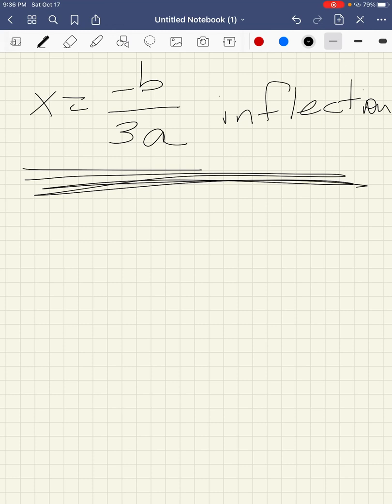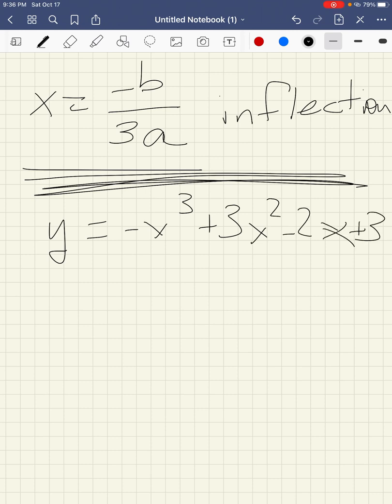All right. This one says sketch the graph of y equals minus x cubed plus 3x squared minus 2x plus 3. Okay, it's a cubic. There's nothing that's going to factor that's going to help us find a 0 or anything else. So we're going to use this formula right here, minus b over 3a.